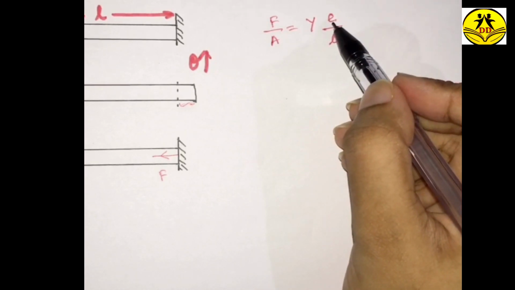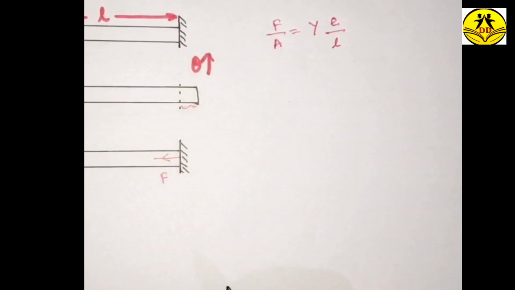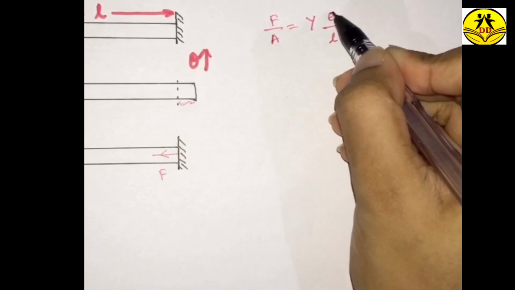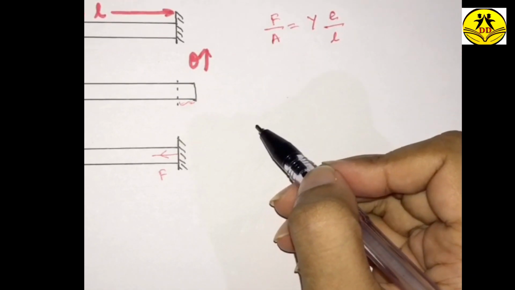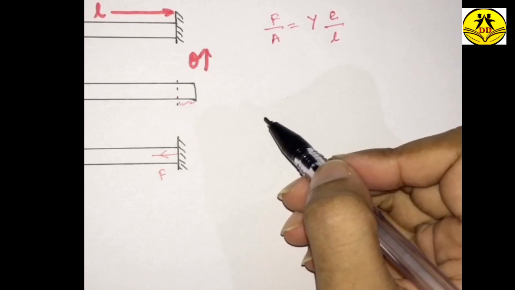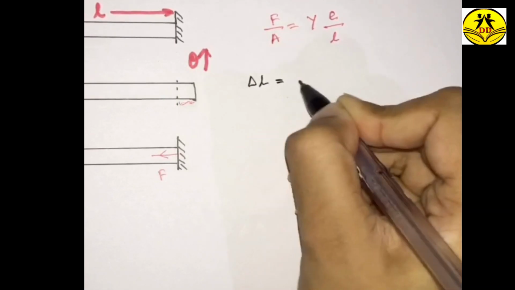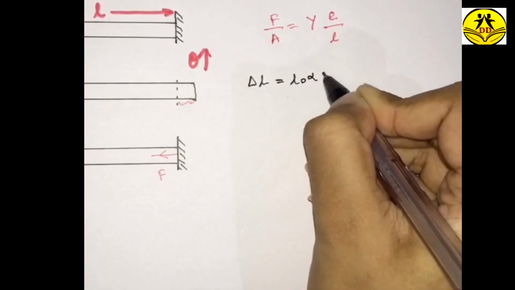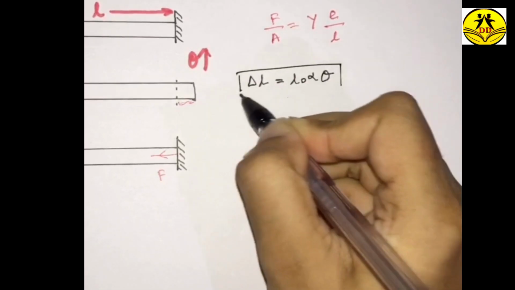In this case we are talking about a compression. How can we find the compression here? For that, we are going to use an equation from our heat lesson, that is delta L equals L naught alpha theta.